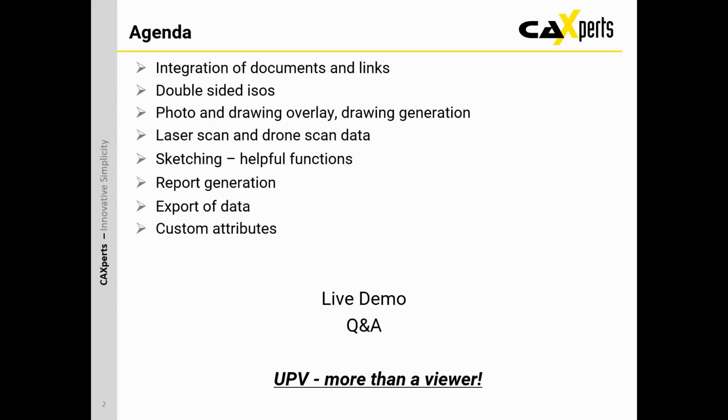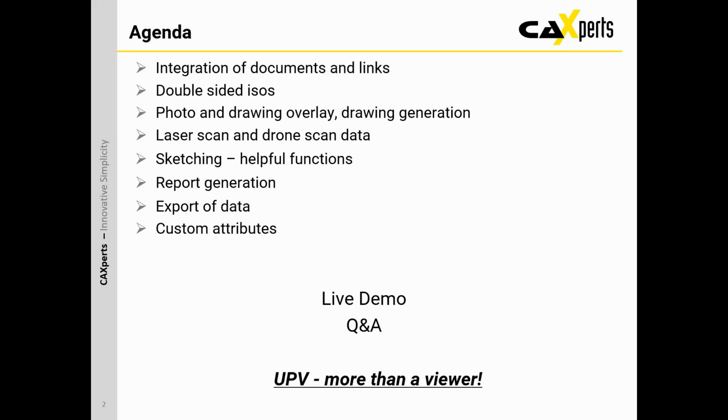So if you take a look at the agenda, you see topics you probably already have heard about. However, we very often see that many features are not directly in the focus of the users in their daily work.